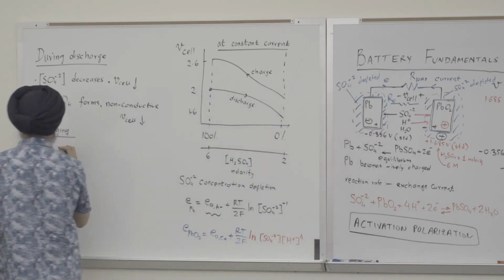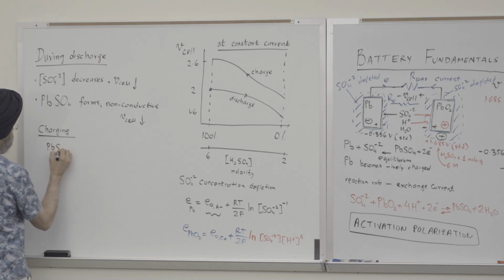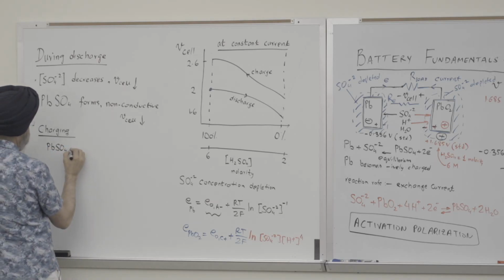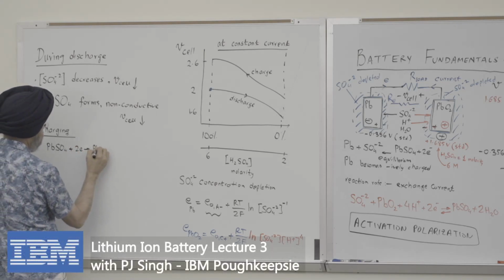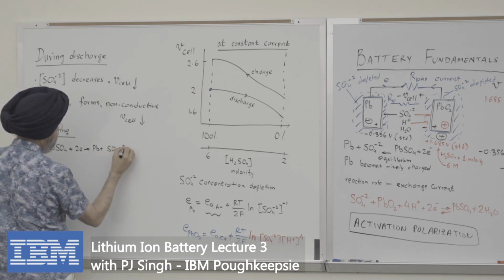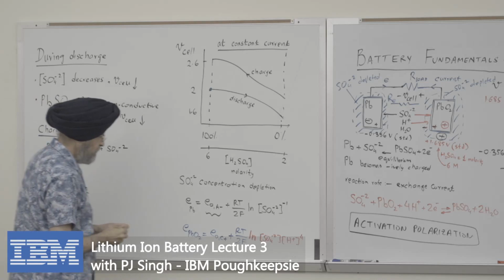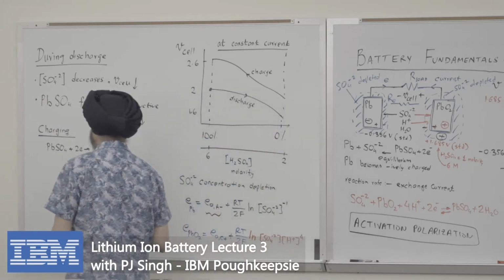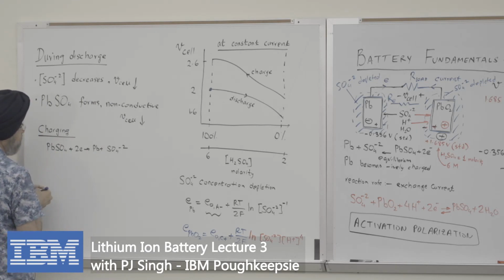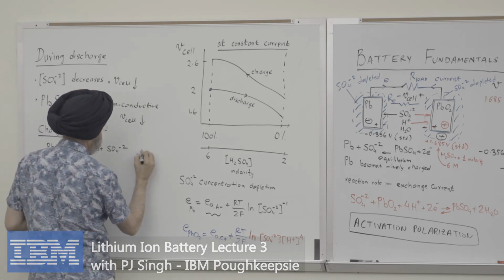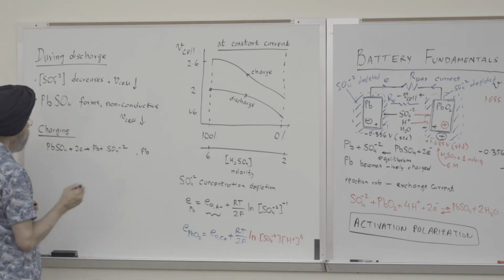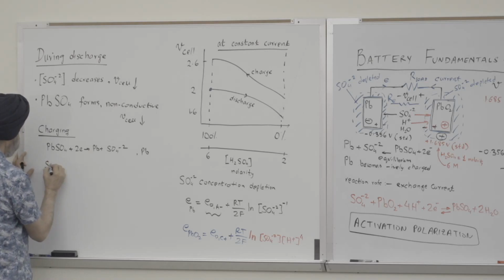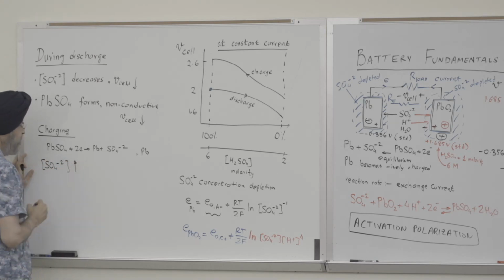So we have PbSO4 plus 2 electrons giving you Pb plus SO4 minus 2. That's the reaction on the lead electrode. Let's stay with this for a moment. Now notice the SO4 minus 2 concentration is increasing.